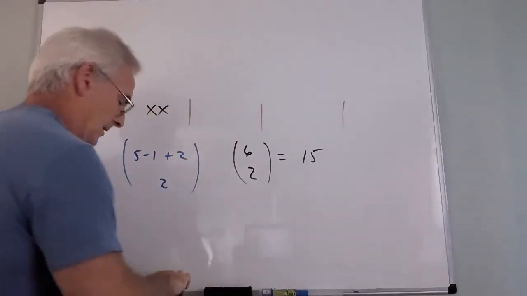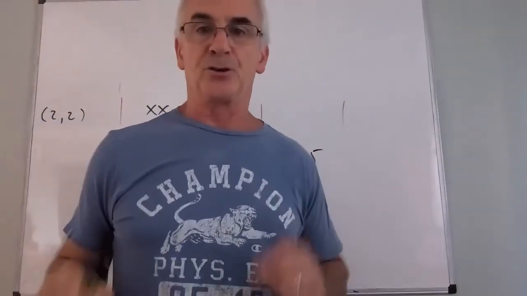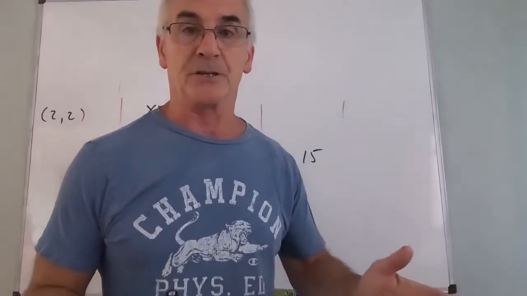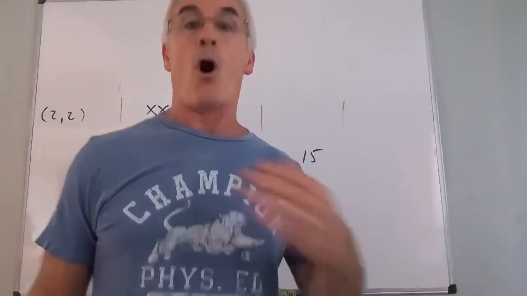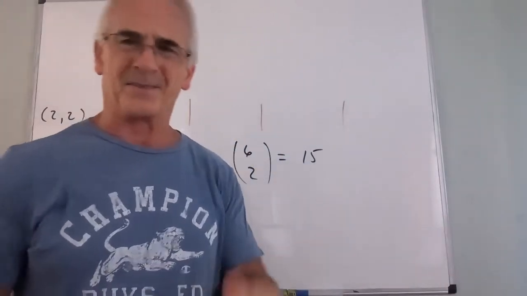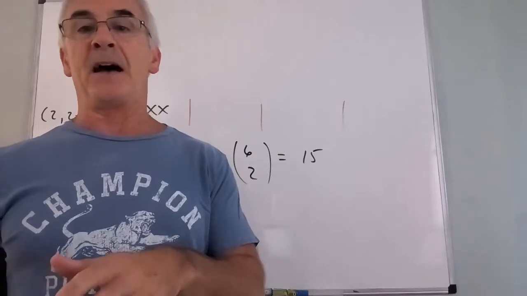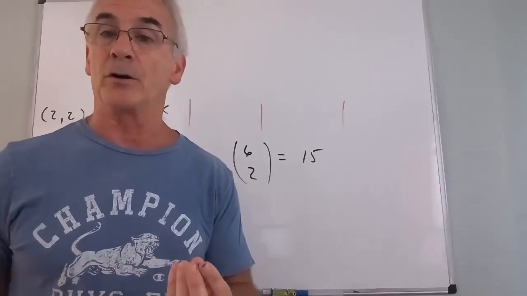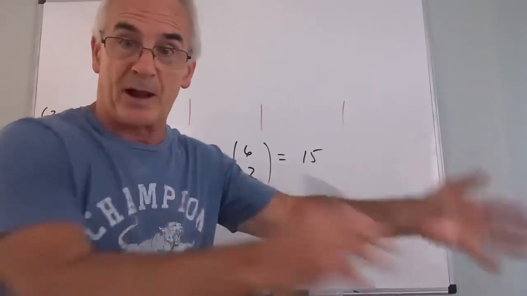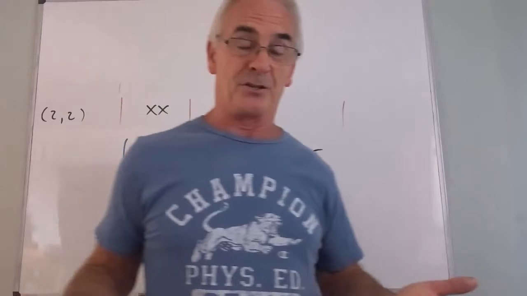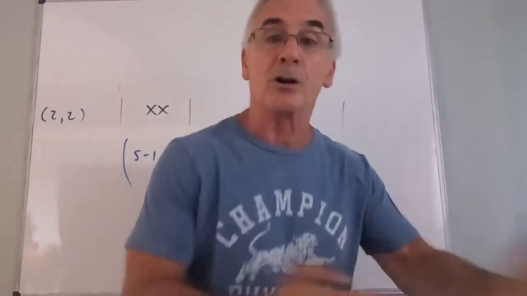We've done N distinct objects choose R. That's called a permutation, and a lot of times people refer to that as an R permutation. Why? Because I'm choosing R things. If I have N objects and I'm choosing R of them, but I'm not putting them in order, I'm just grabbing them all at once, that's a combination. And again, a lot of times it's called an R combination.